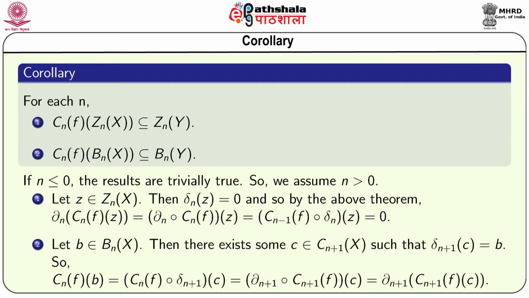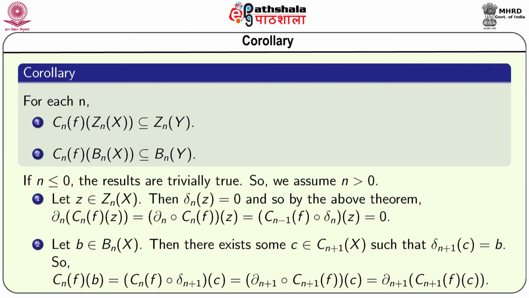That means, n boundaries are mapped to n boundaries. If n is less than or equal to 0, the results are trivially true. Now, let us assume that n is greater than 0.